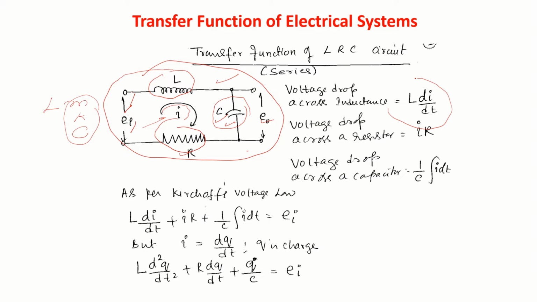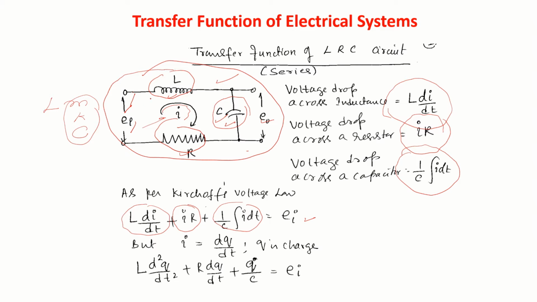It is given by L di by dt. Similarly, voltage drop across a resistor is given by IR. And voltage drop across a capacitor is given by 1 by C integral i dt. So voltage drop across inductance plus voltage drop across resistor plus voltage drop across capacitor is equal to input voltage EI.